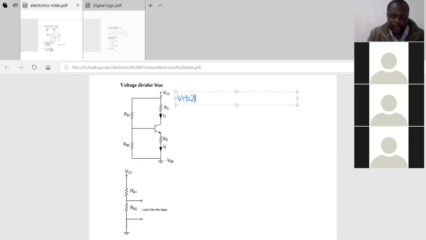VRB2 is equal to VB, which is equal to VCC divided by, into brackets, RB1 plus RB2, but you multiply this by RB2.